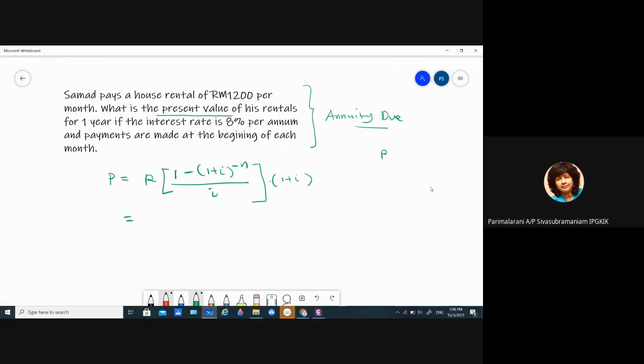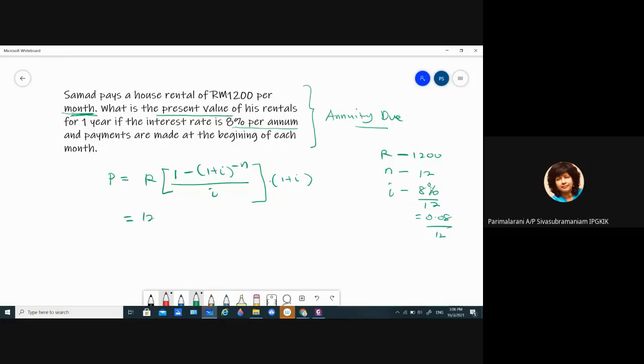What is R? R is given, R is 1,200. And what is the n? Samad pays the house rental of 1,200 per month, which means Samad is paying monthly. What is the present value if the interest rate is 8% per annum? Interest is yearly, so what is his n here? n is 12, right? i will be 8% over 12, which is 0.08 over 12.